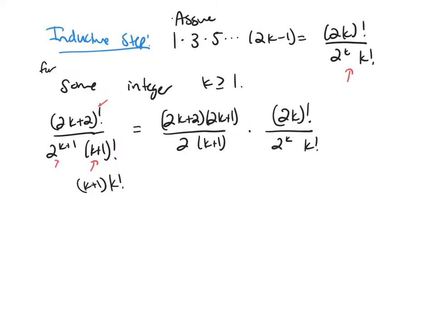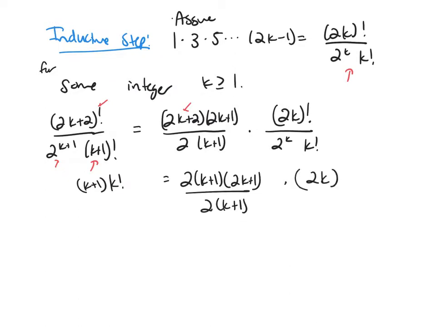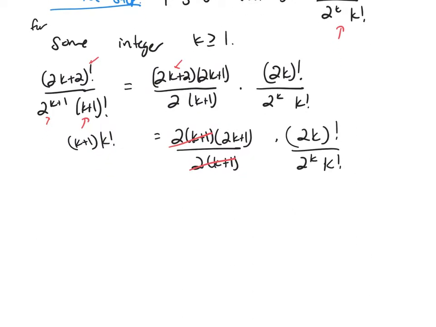So now, if I factor out 2 out of this first term here, I'll get 2 times k plus 1. I'll get that the 2 and the k plus 1 cancel. So in the end, I'm left with 2k plus 1. And then use our formula for this one.